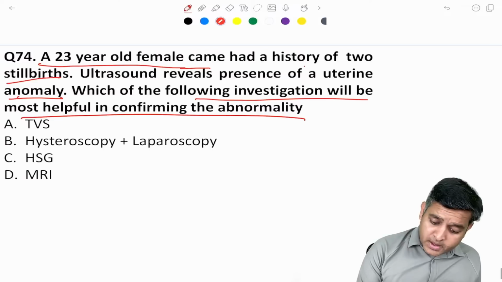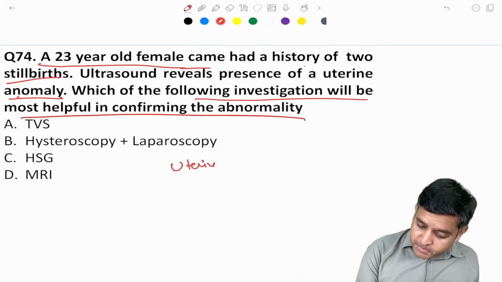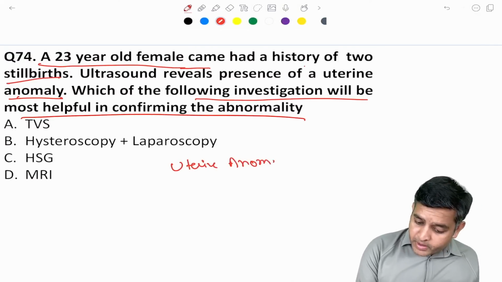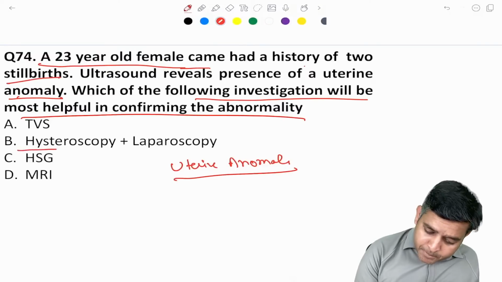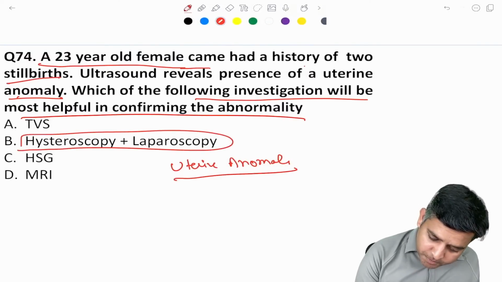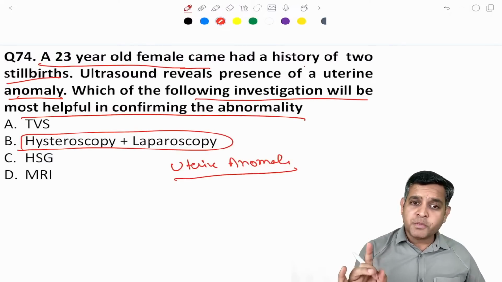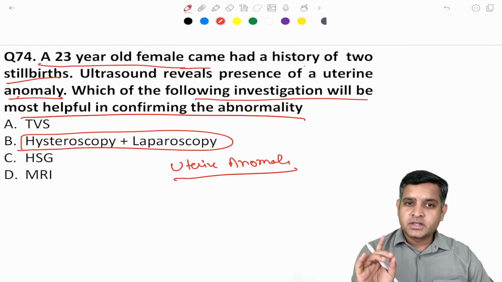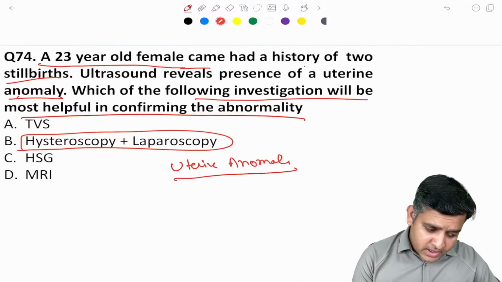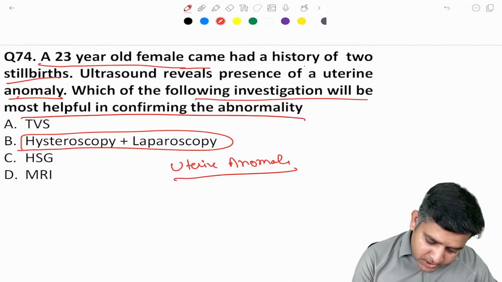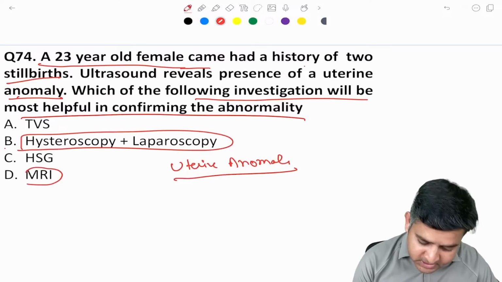So please remember, if somebody asks you about uterine anomaly, if laparohysteroscopy is given in the options, this will be the best answer. If laparohysteroscopy is not given, then MRI is the best answer.